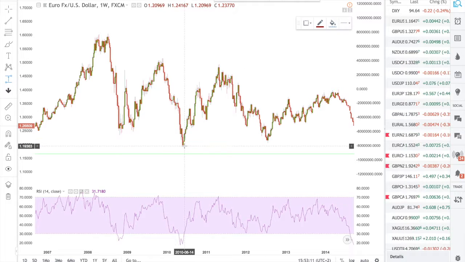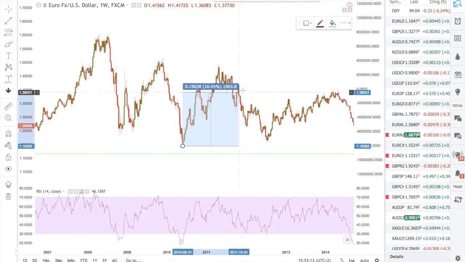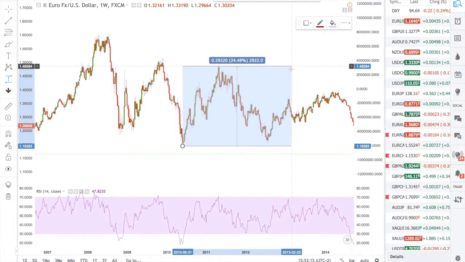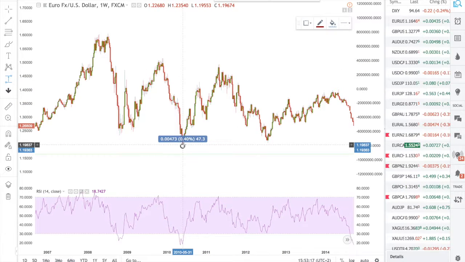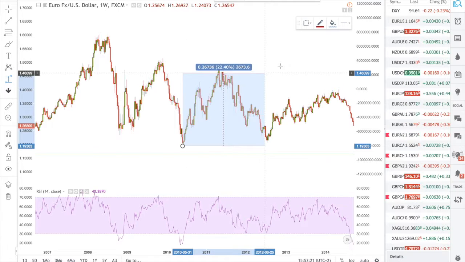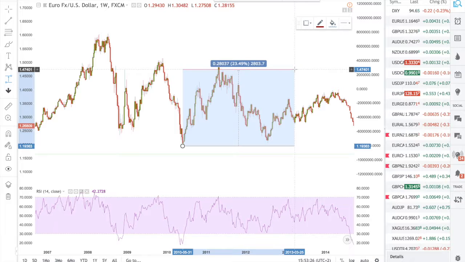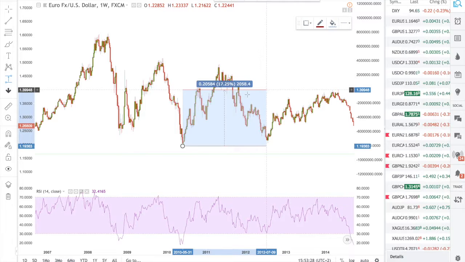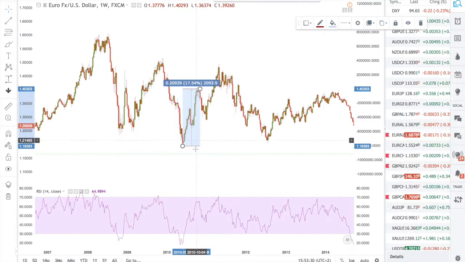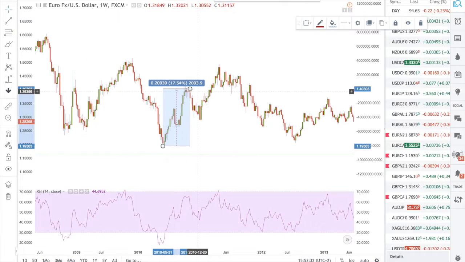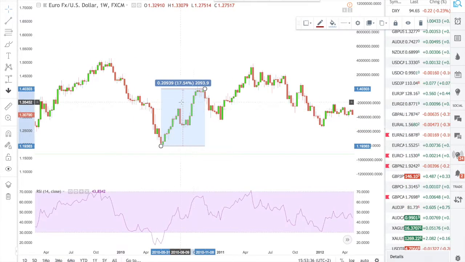If you want to see how many pips you would earn from this point, if you enter the trade here, a really good entry point, and let's say you took profit around this area, you can see it was 2093 pips.